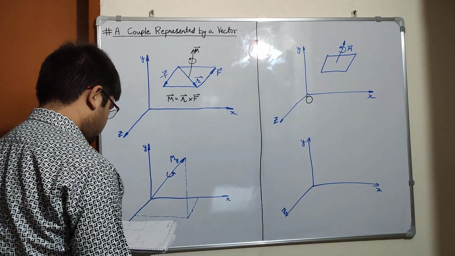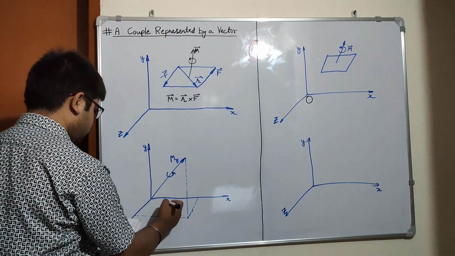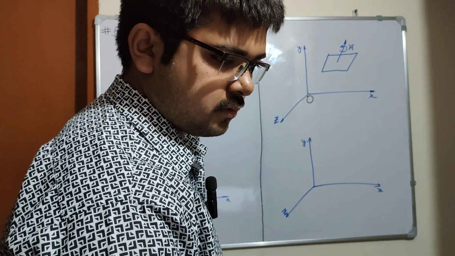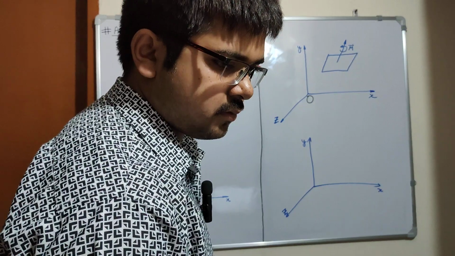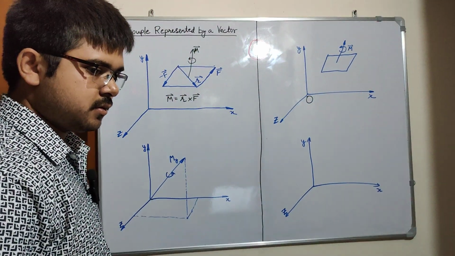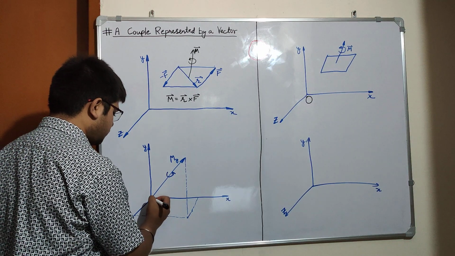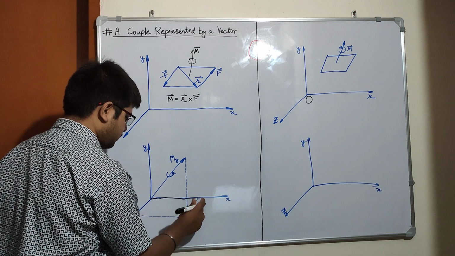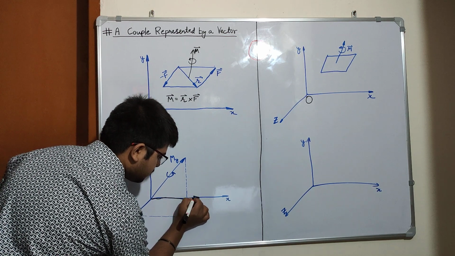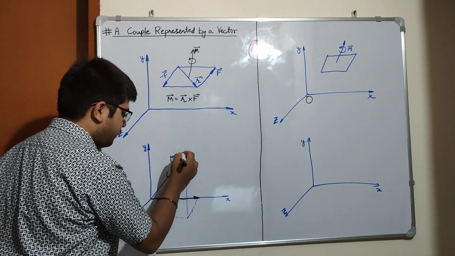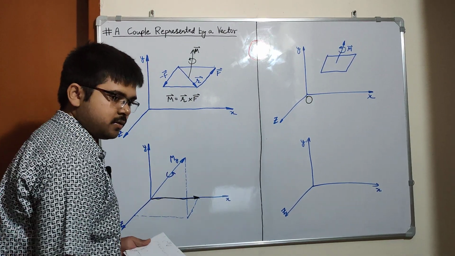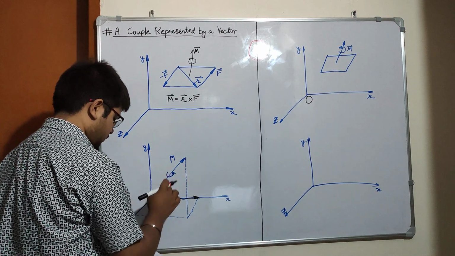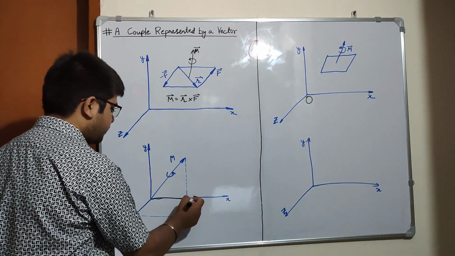And this can be shown here, the moment vector components. So this is M vector, and this is Mx vector.